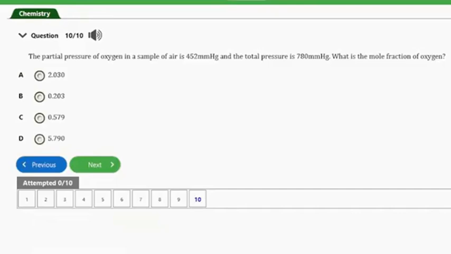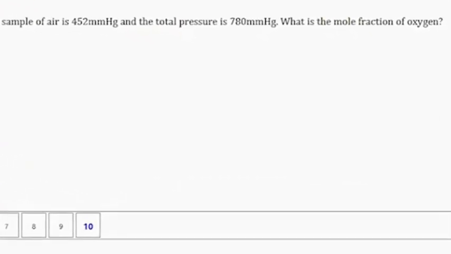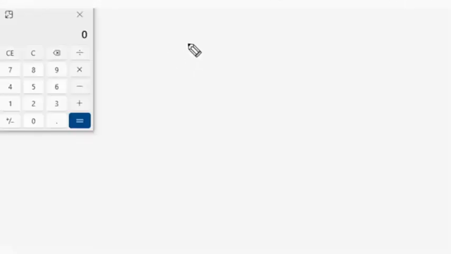Question number 10 says, the partial pressure of oxygen in a sample of air is 452 millimeters of mercury, and the total pressure is 780 millimeters of mercury. What is the mole fraction of oxygen? So guys, for this, we're also going to simply zoom into our workspace and do this together.